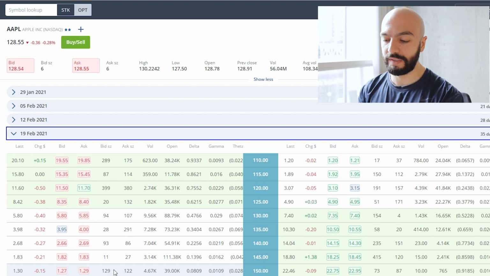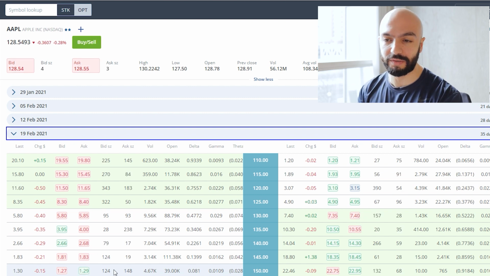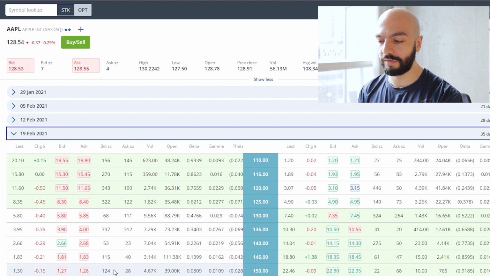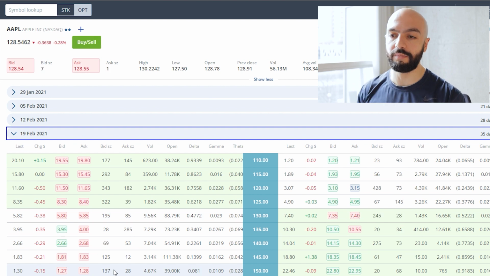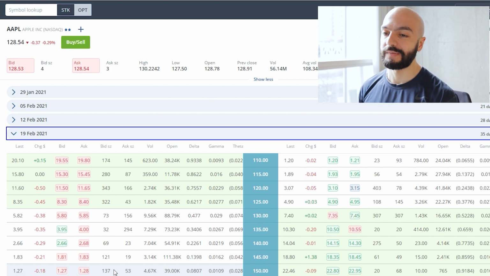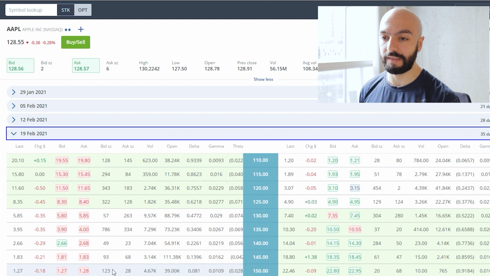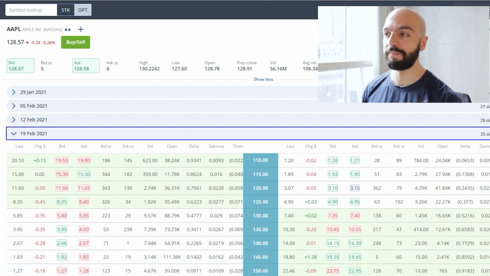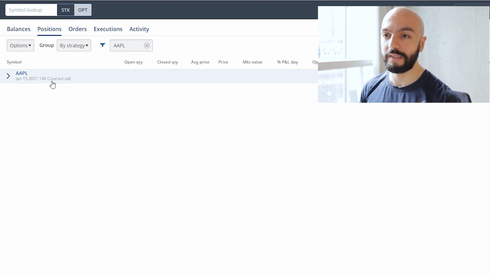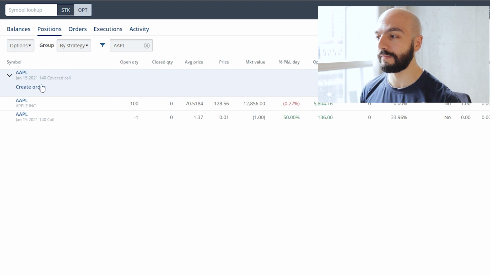I'm holding 100 shares of Apple at $70, so $7,000. $127 divided by 7,000, I'm making 1.8%, but $127 divided by 15,000, it's only 0.8%. This isn't the best, but I just want to hold on to my Apple shares while getting some passive income in the meantime. So what I'm going to do is roll this.